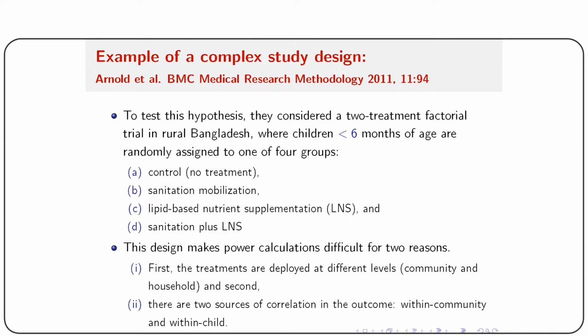This design makes power calculation difficult for 2 reasons. First, the treatments are deployed at different levels, community and household levels, and second, there are 2 sources of correlation in the outcome, within community and within child.